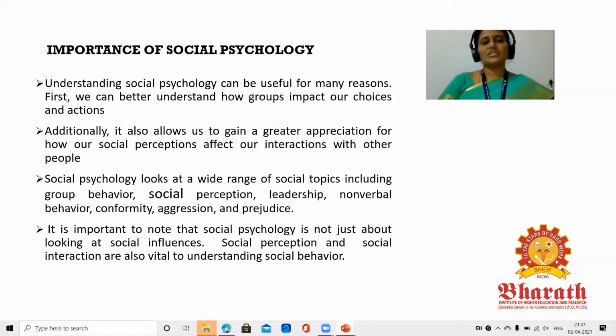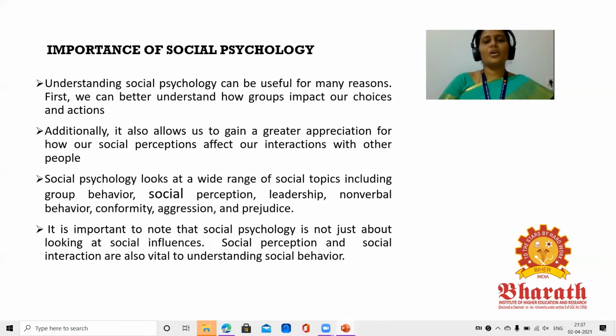Okay, can I ask now why we need to study social psychology? What is the importance? If you understand social psychology, definitely you will be a better person in society. You can understand yourself better, and you'll understand the other person you are talking to better, and you will behave in a proper way according to their wishes or interests. Understanding social psychology can be useful for many reasons.